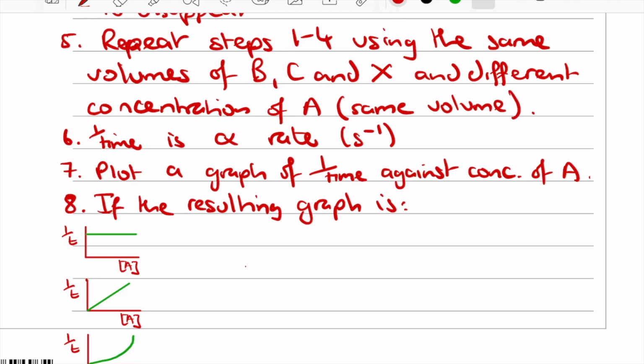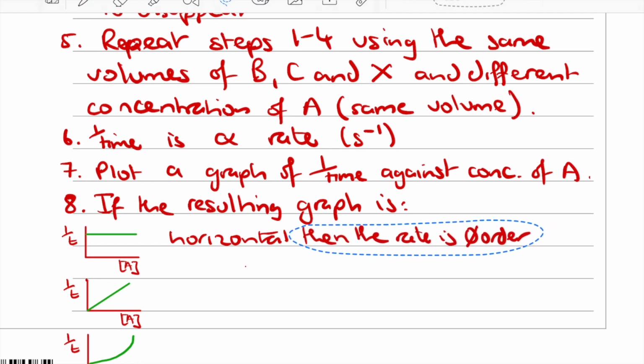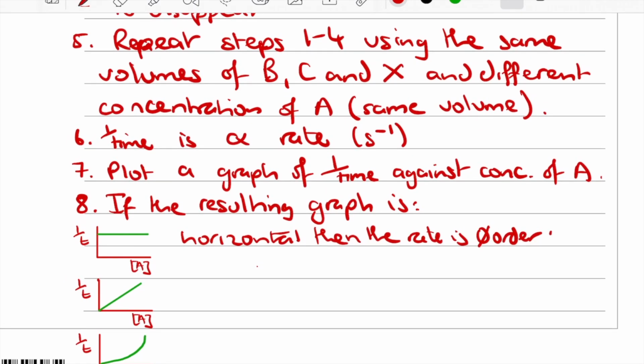So you could say, if the resulting graph is horizontal, then the rate is 0 order. And then just to be clear, WRT like that means with respect to.